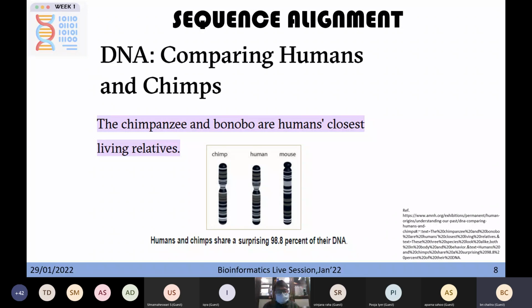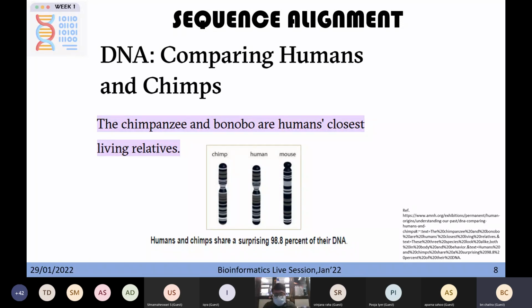Sequence alignment. You all know that DNA sequencing technology started from standard sequencing to today's next generation sequencing and nanopore sequencing. These are just stretches of ATGC.